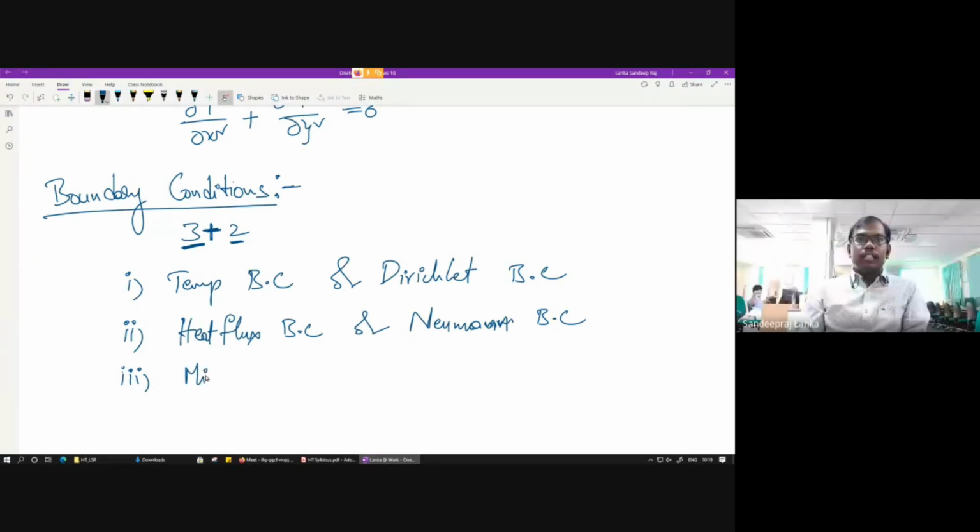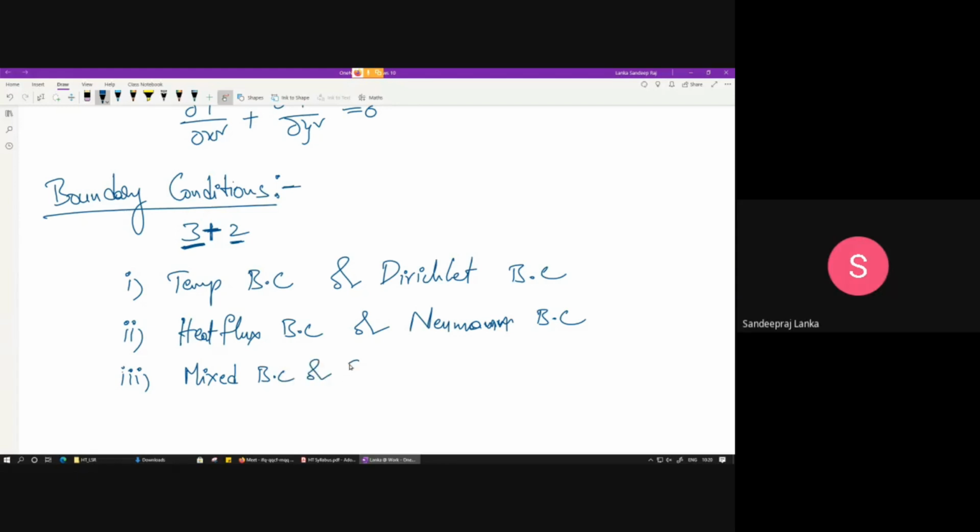The third one is called the mixed boundary condition or convection boundary condition, also called the Robin boundary condition. Robin is the man behind the mixed or convection boundary condition. Here Neumann is the man behind the second kind of boundary condition, the heat flux boundary condition.